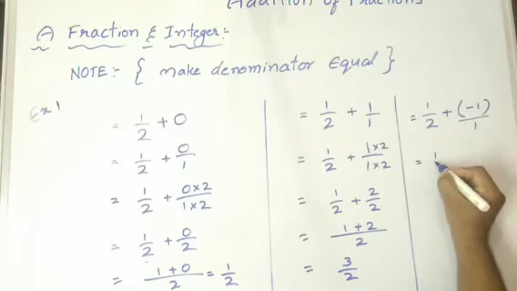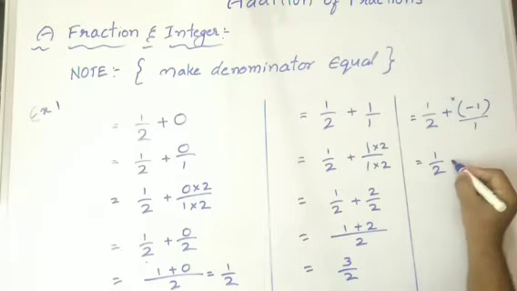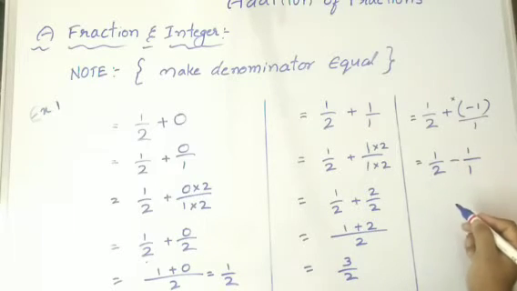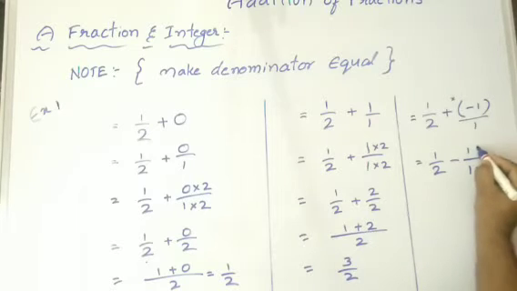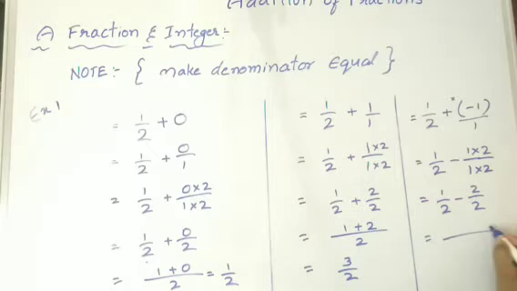So now 1 by 2 plus minus 1 by 1. To make the denominators equal, I am multiplying by 2 in both numerator and denominator. So now it becomes 1 by 2 minus 2 by 2. Now the denominators are equal, so I can add the numerators. Here the minus symbol is there, minus 2. Now it becomes 1 minus 2 by 2, which leads to minus 1 by 2.